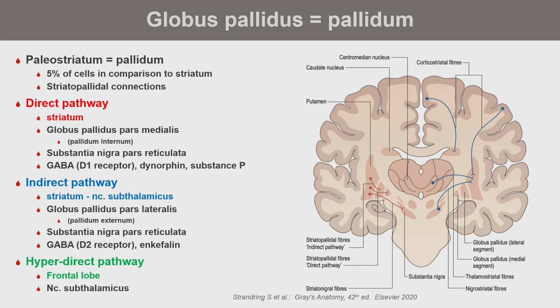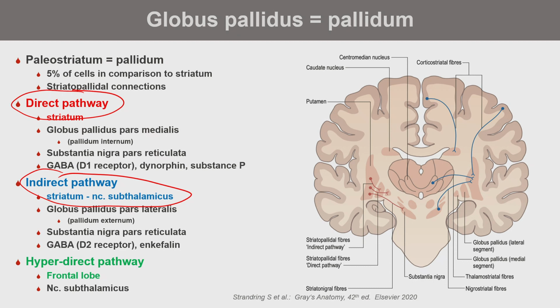So then, in general, we have a direct pathway and indirect pathway. The direct pathway is directly to the striatum, and then the striatum is decreasing the function of the thalamus and decreasing function of the cortex.